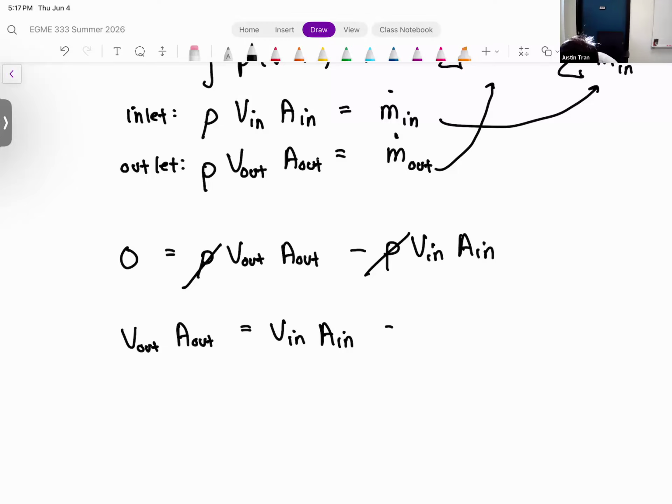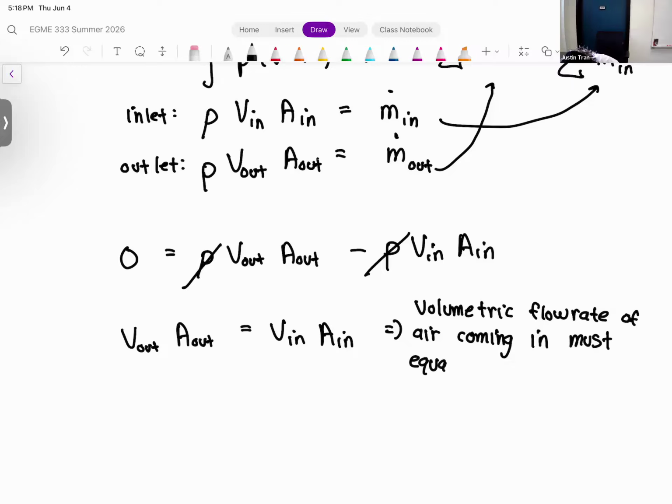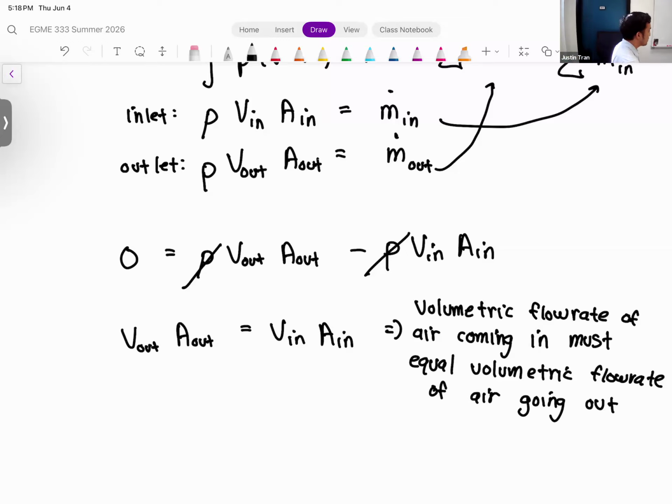In other words, the volumetric flow rate of air coming in has to equal the volumetric flow rate of air going out.